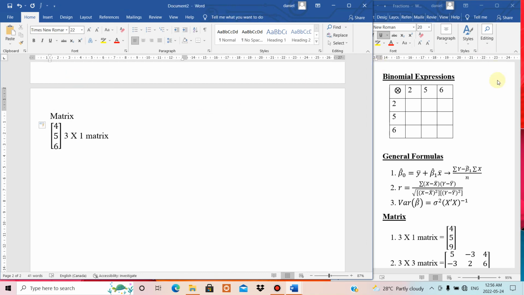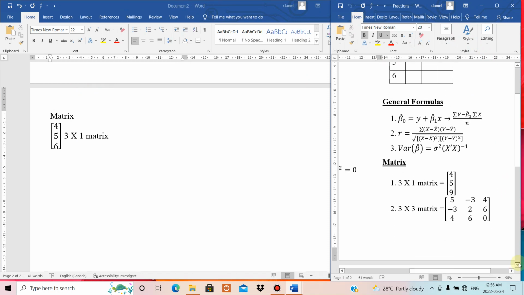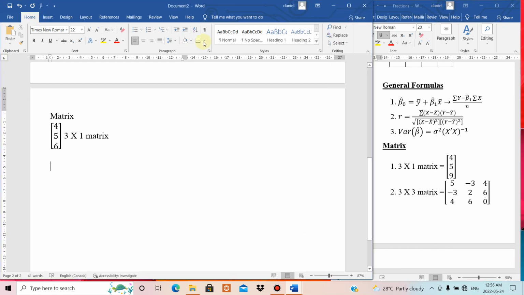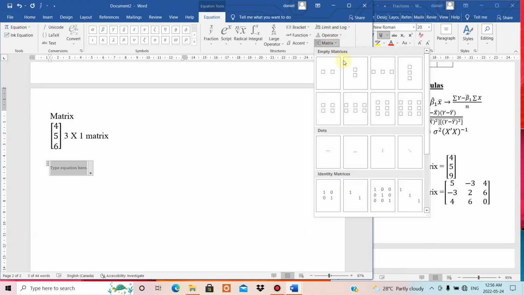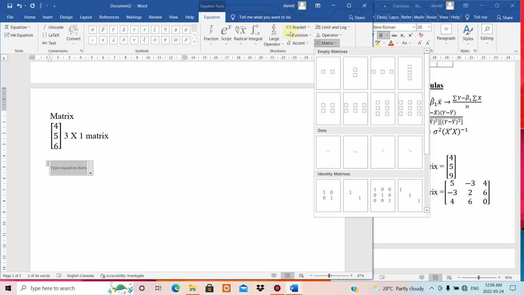So the next one is a 3 by 3 matrix, which means the matrix has 3 rows, 3 columns. So you go to insert, equations, your matrix. Now you can quickly get a set of matrices in parentheses already, but we want a 3 by 3 matrix.